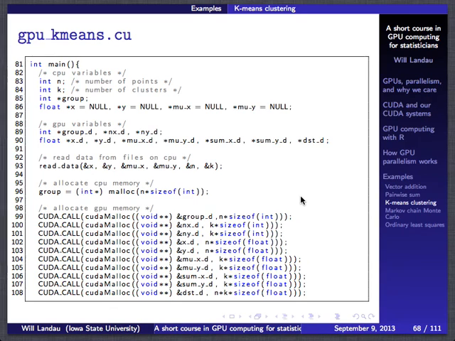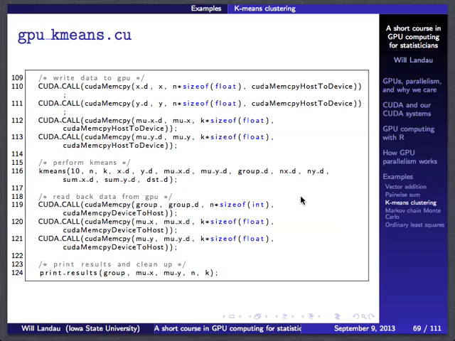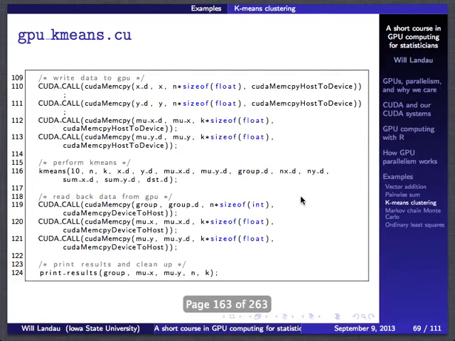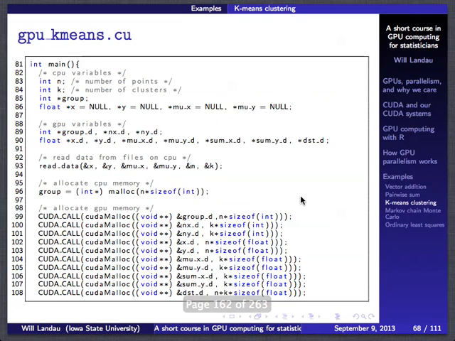All right, moving on. I do that for CUDA mallocs, and I do that for CUDA memcopy. And I do that for CUDA free later. So I do the error checking here. This is where I copy everything. Once I've initialized things, I've assumed that I've read the data here and allocated memory in the GPU.